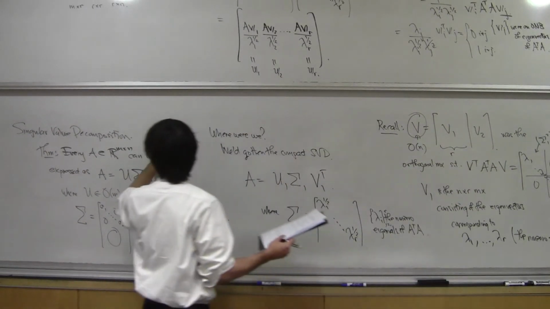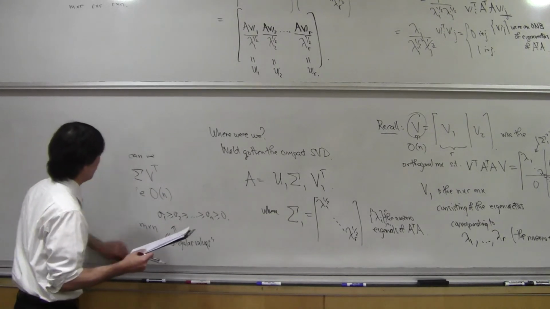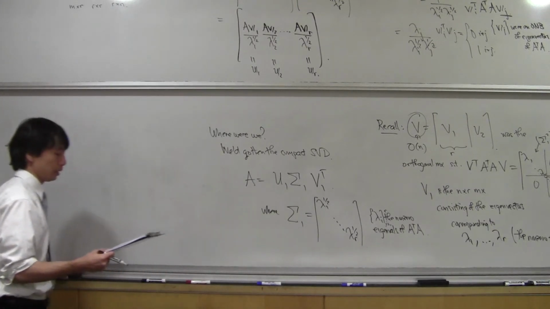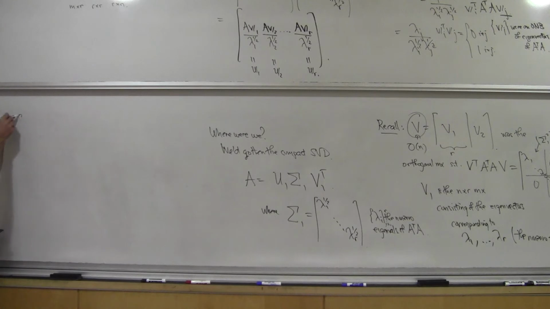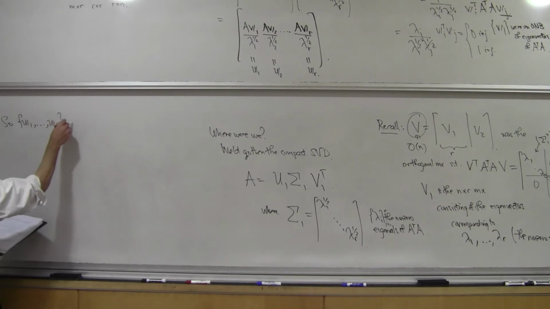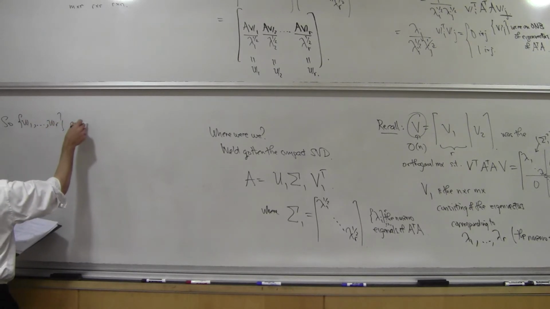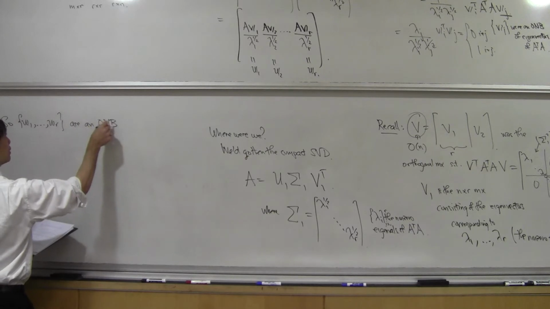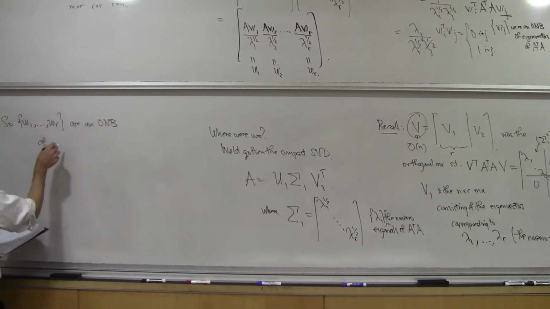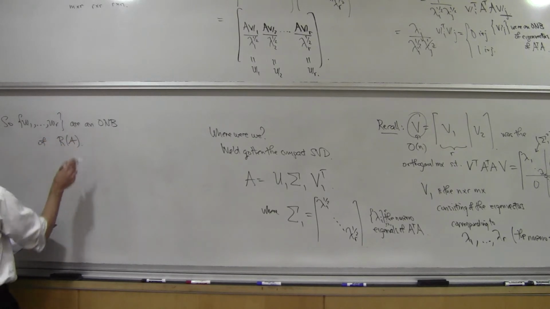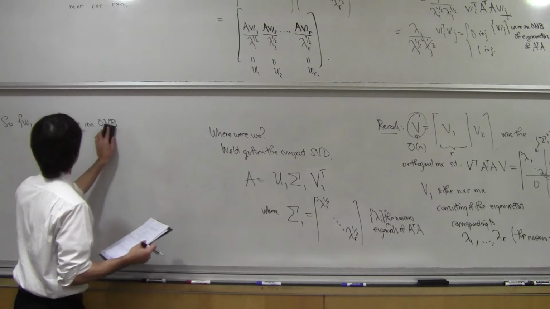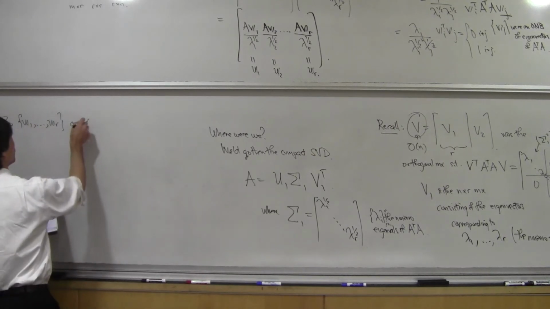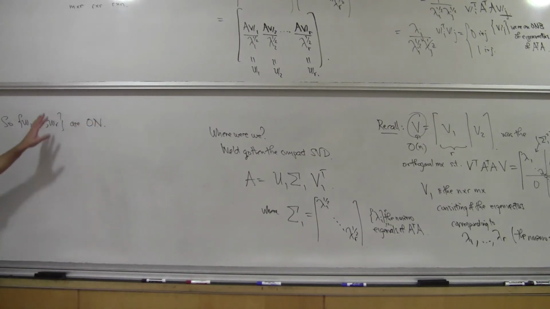Okay, so what we see is that U1 through UR are an orthonormal basis of the range of A. First, what we see is that they are orthonormal. That's what we've just seen.